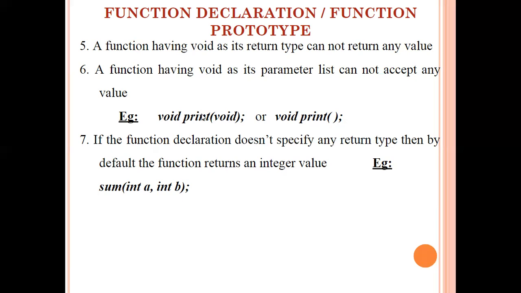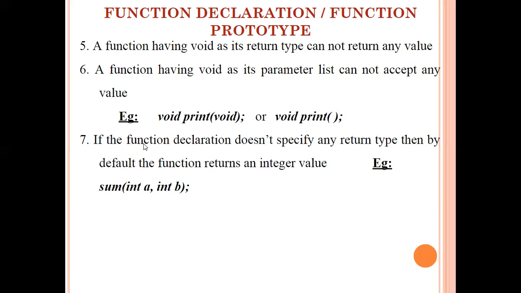Similarly, here we did not mention any data type within the parenthesis, and it is the same as the previous one. This empty parenthesis indicates that the function print does not take any parameters from the calling function in which it is called. So both are equivalent.